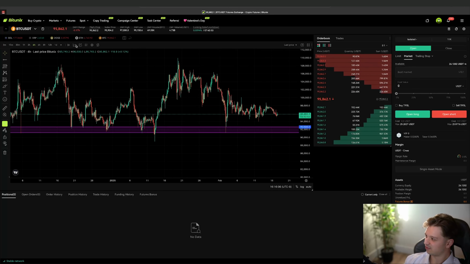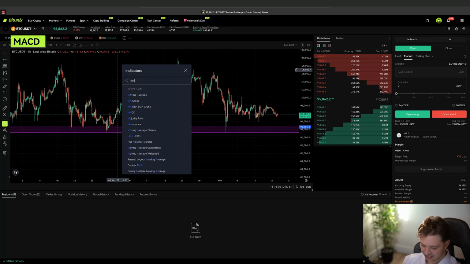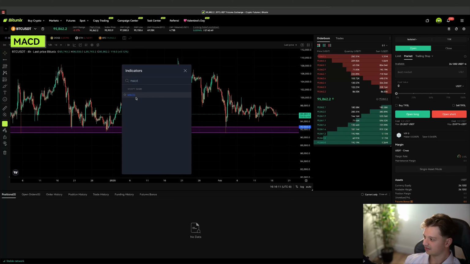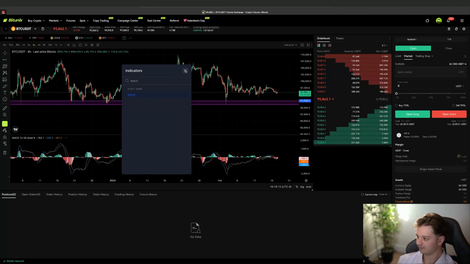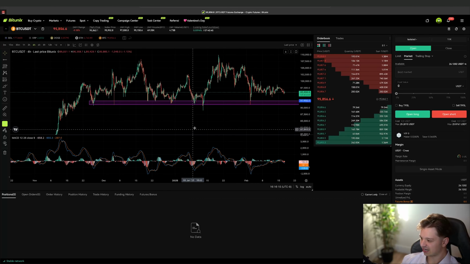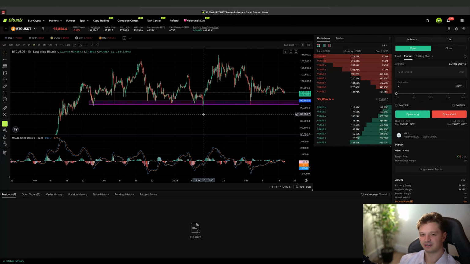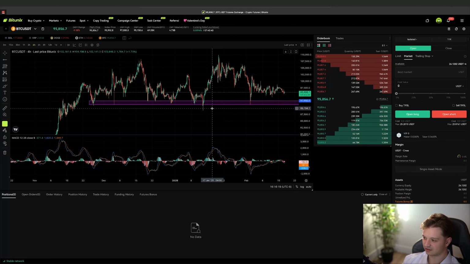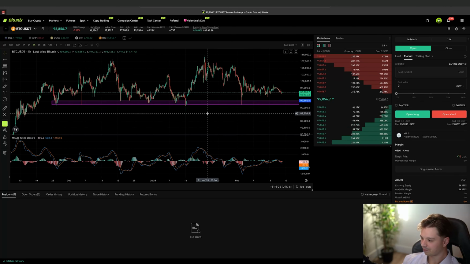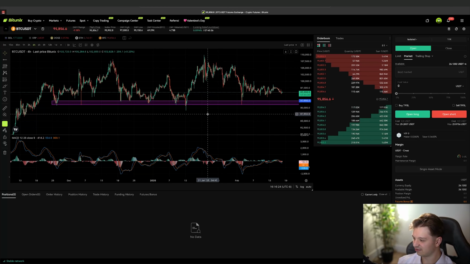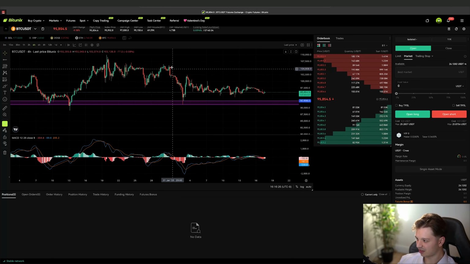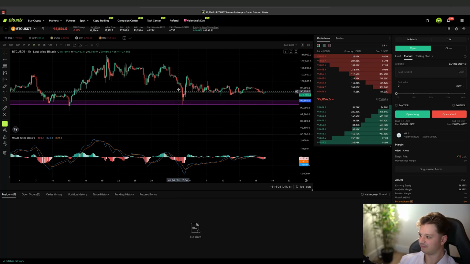Lastly, I'll show you one more indicator, and that is the MACD, spelled just like this, MACD. And this measures momentum. So it's kind of similar to the RSI, where it measures oversold and overbought, but this adds a component of volume into it. And so you can see on this bigger dump, on the biggest candles, we have larger downward volume right there.